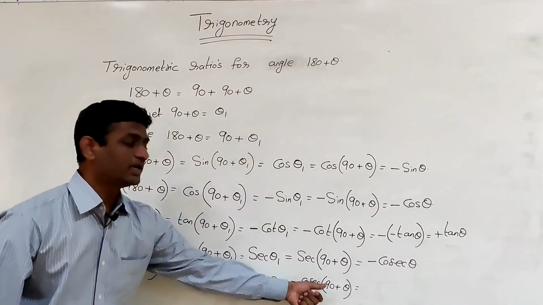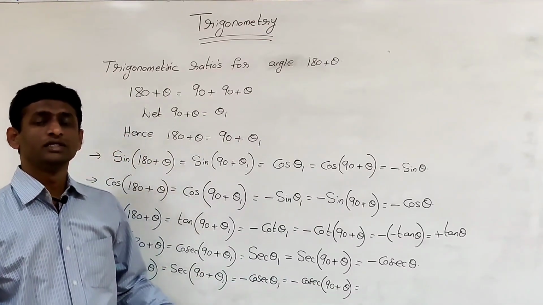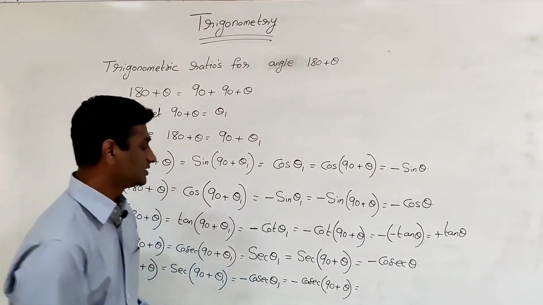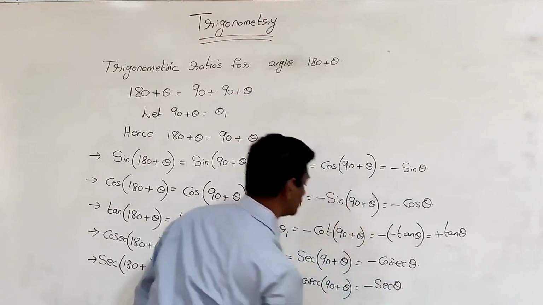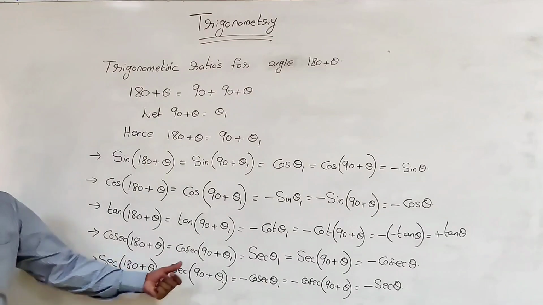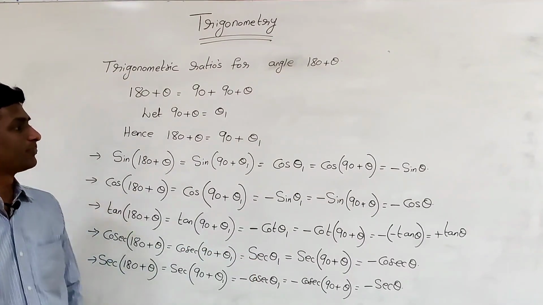Cosecant of 90 plus theta is secant theta, so already minus is there, minus secant theta. So secant of 180 plus theta will be minus secant theta.